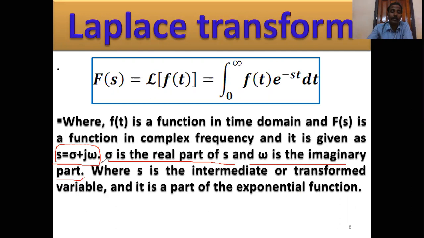So sigma is the real part and the unit of sigma is neper, and the unit of omega is rad per second, where s is the intermediate or transformed variable and it is a part of the exponential function. This is actually our main point in this.